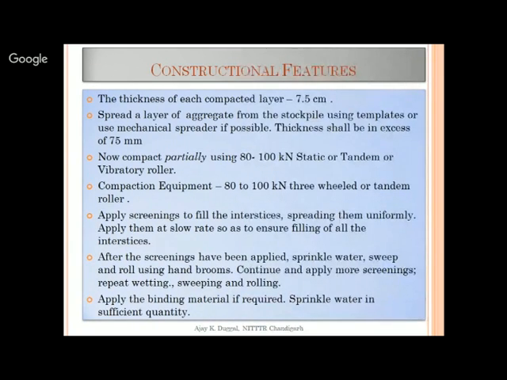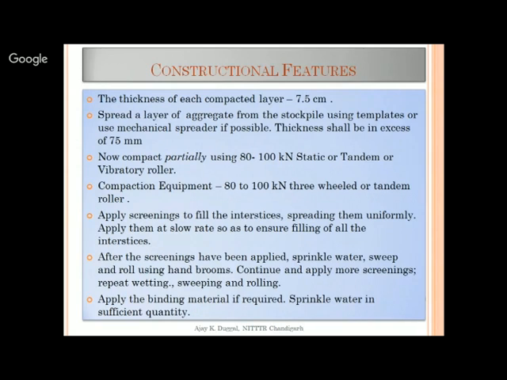So what we need to do is spread the aggregate from the stockpile using a mechanical spreader or a template, and the thickness should be higher than the compacted thickness.